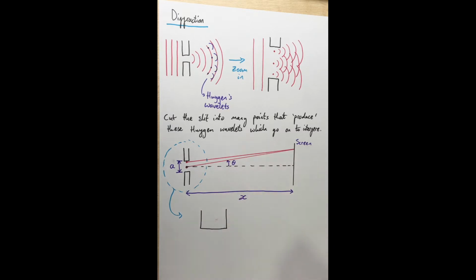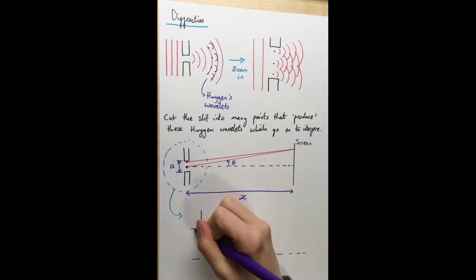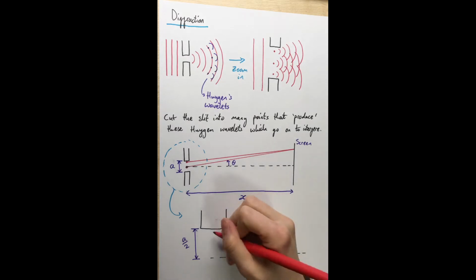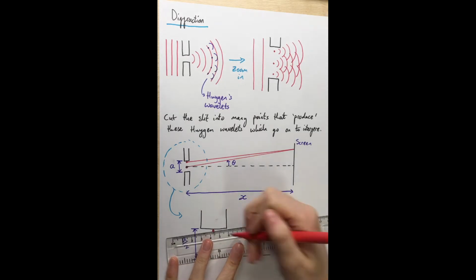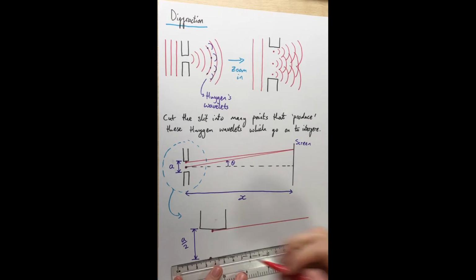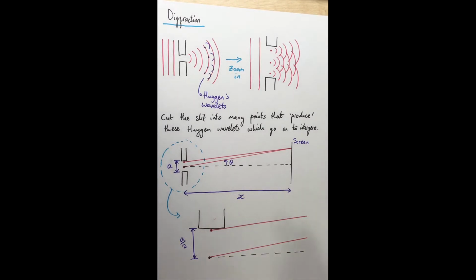And again, let's zoom into this situation here. We can once again take the assumption that the rays are parallel, as the slit width a is far smaller than the distance from the slits to the screen x.